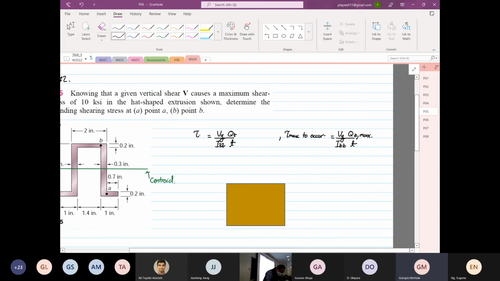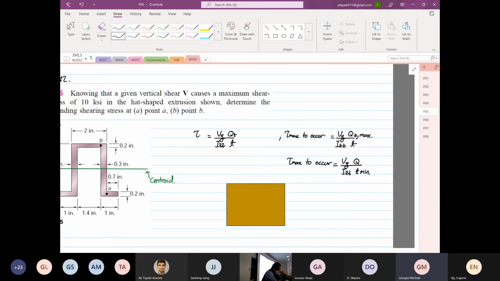The other case is where tau max will occur when Vy over Izz is just Q, but you have t minimum. So the Q and the t are always fighting against one another, always battling against one another.